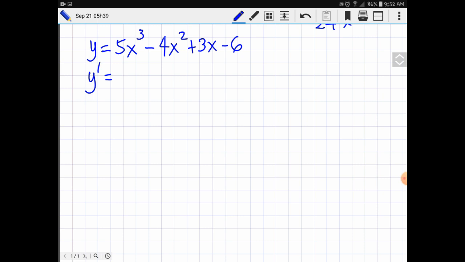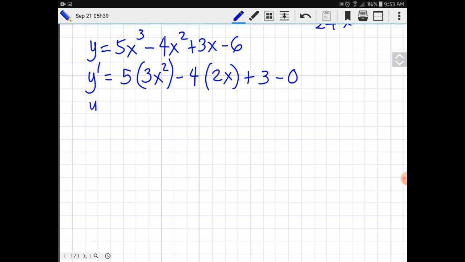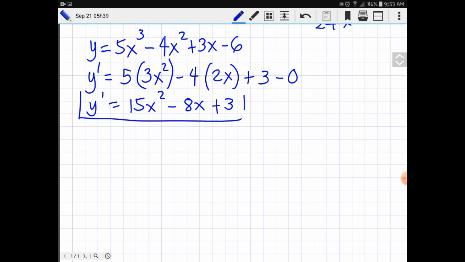And then we separate the whole numbers: 5 multiplied by 3x squared, minus the 4 multiplied by 2x. Or you can use open and close parentheses instead of the period. Then, plus 3 minus 0. Simplifying further this equation, this will give us 15x squared minus 8x plus 3. And that is the final answer.